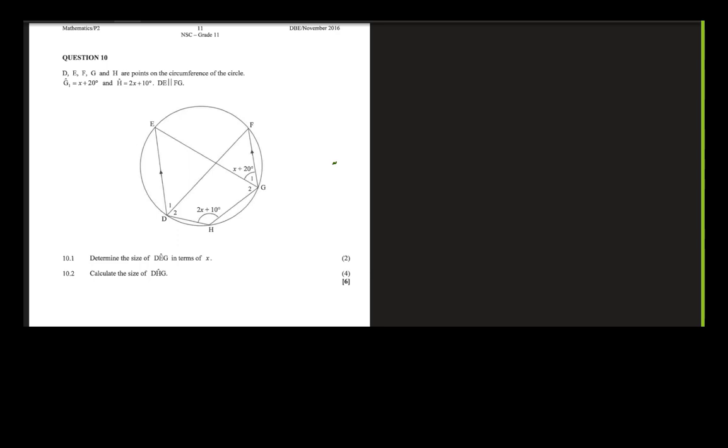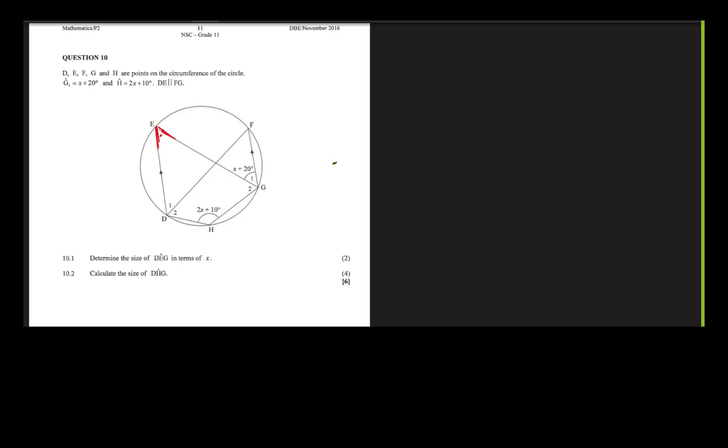Because if you look at angle E, I'm impressed. If you look at angle E, it is this side. And if you look at G1, it is this side. Let's look at these two angles. Angle E is between this line and this line.